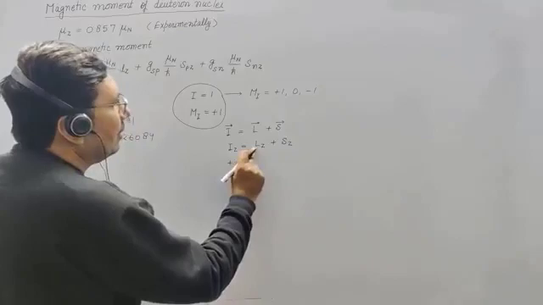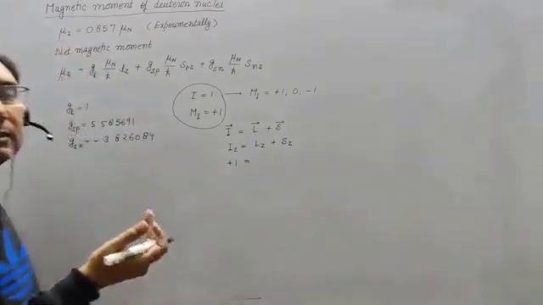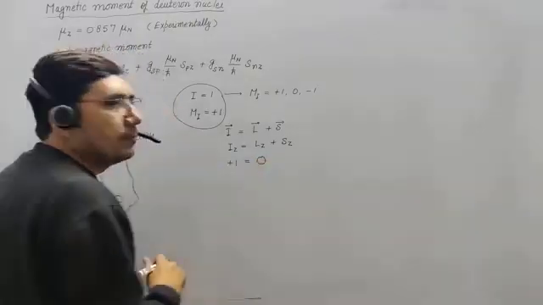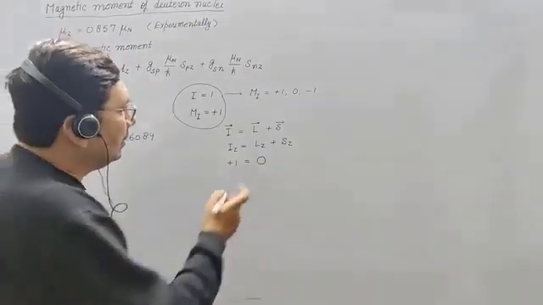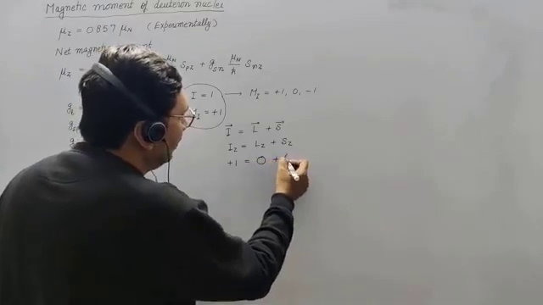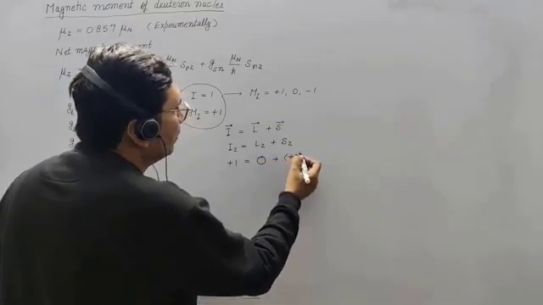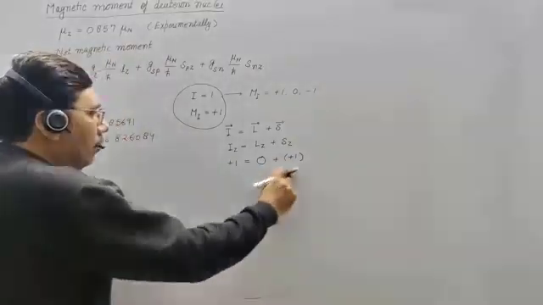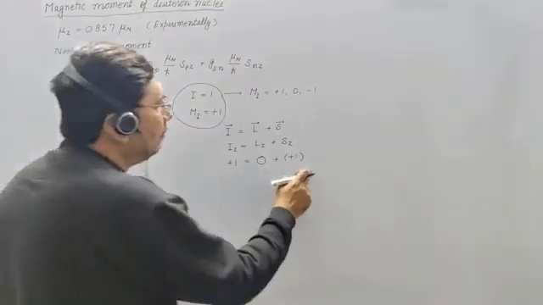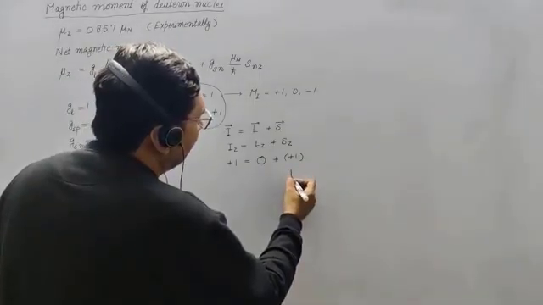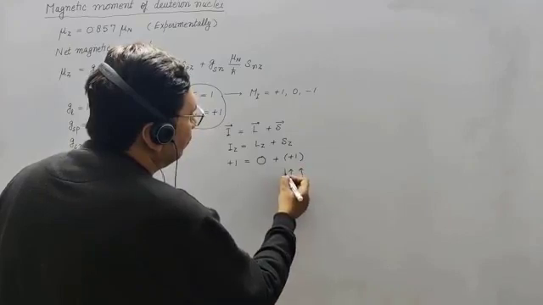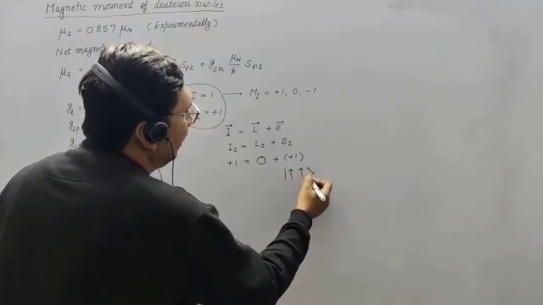What is the value of Lz? If we are considering the central potential, then the value of L will be 0, and automatically this value should be +1. So to satisfy this equation, the value of Sz will be +1, and this Sz will be +1 when the spins of both proton and neutron are parallel to each other.